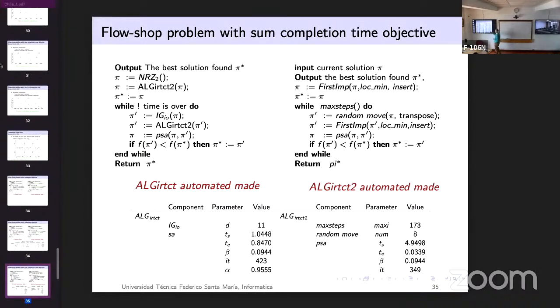It was the one where the first one was the first recursion, and here is the second recursion. Here is the automatic time, and here is the second time. So it's 12 objectives overall.